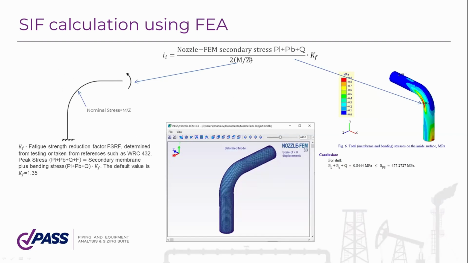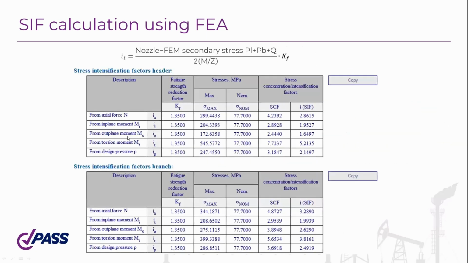After that, we calculate the ratio between shell stresses and beam stresses, divide it by 2 and multiply by the fatigue strength reduction factor, which considers the peak stresses in the shell model. After that, you will receive the stress intensification factor. This is how the PostNozzle FEM software calculates the stress intensification factors using the finite element method with shell models.